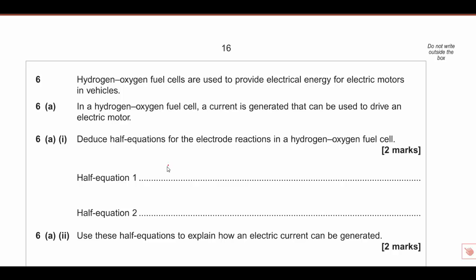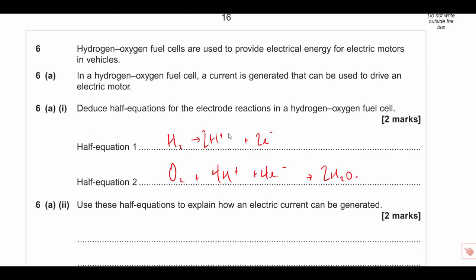I'd probably go for simplicity. Probably go for those ones. There are different ones. You can put OH minus in there as well if you wish, but I quite like those two.